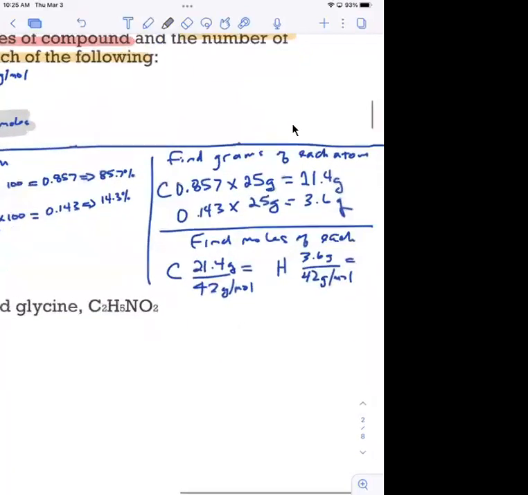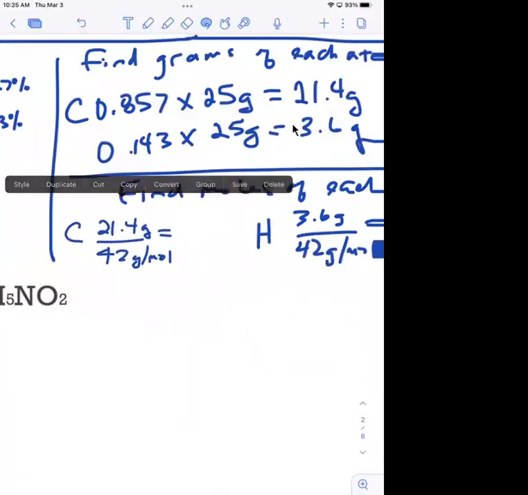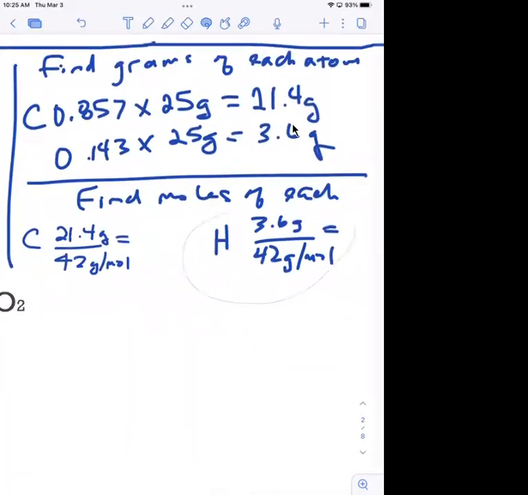So 21.4 divided by 42, and then 3.6 divided by 42.